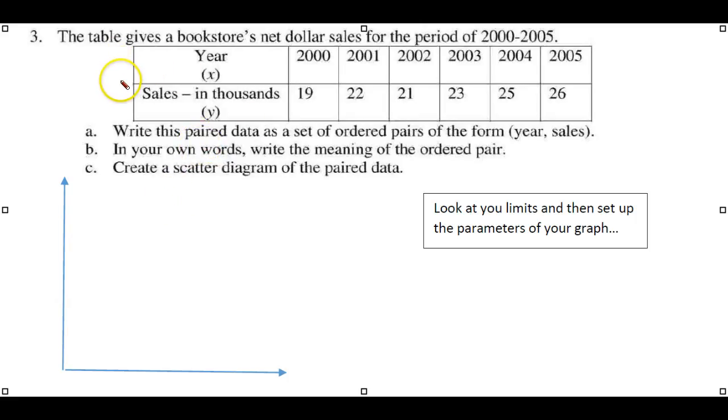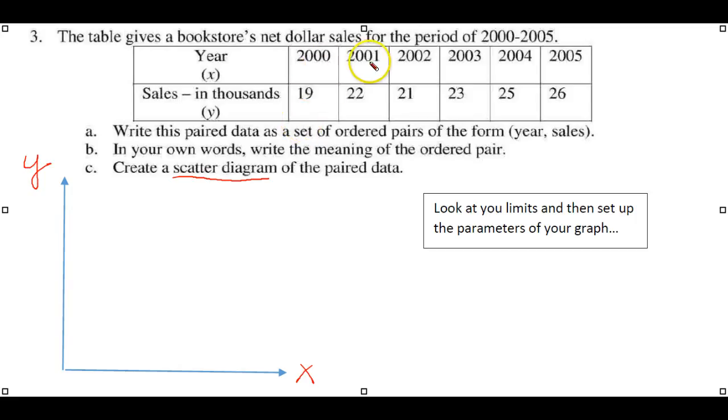Now here they'd like us to produce what is called a scatter diagram, in which we are going to pair this data. Remember, time is on the x-axis, where amount would be on the y-axis, and these are in thousands. So we're looking at the first quadrant and how to put this data into it.